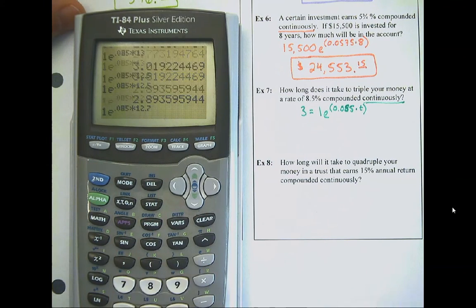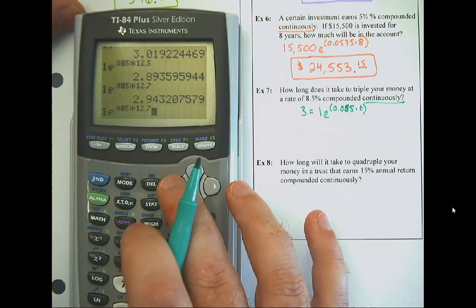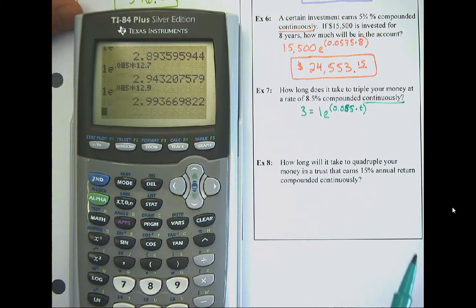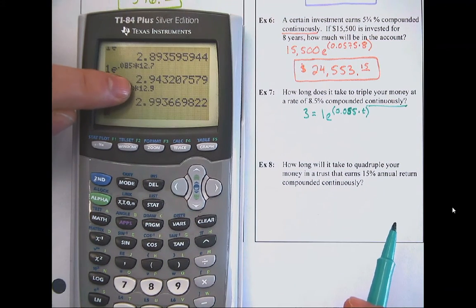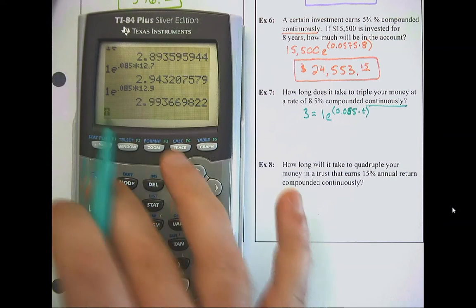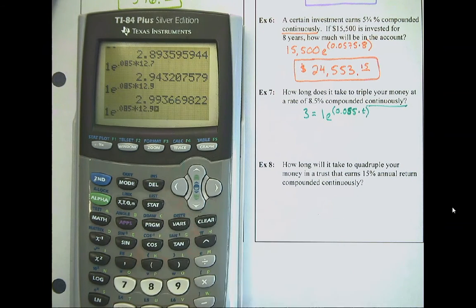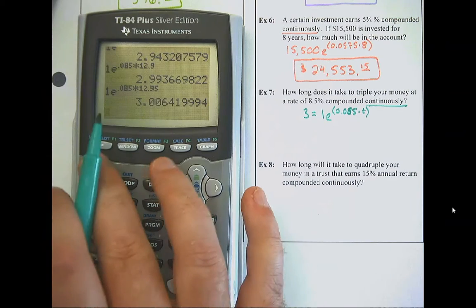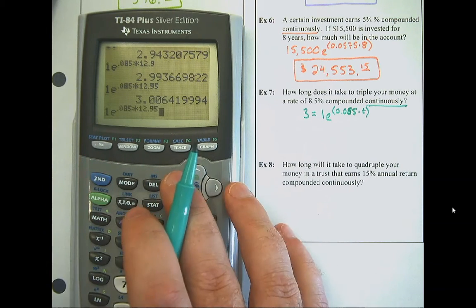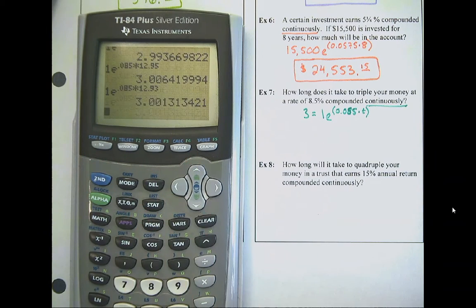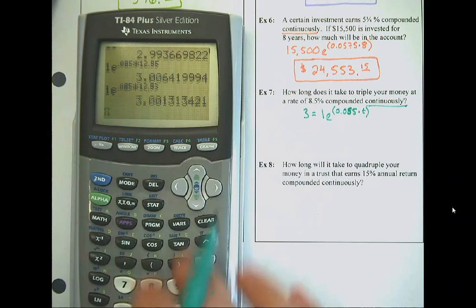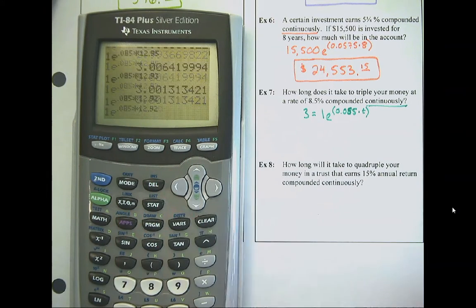12.7, too little. 12.9. Oh, that's good news, because now it's between 12.9 and 13. So 12.95, that's over the top. 12.93 is still over $3. Let's try 12.92. Nope.